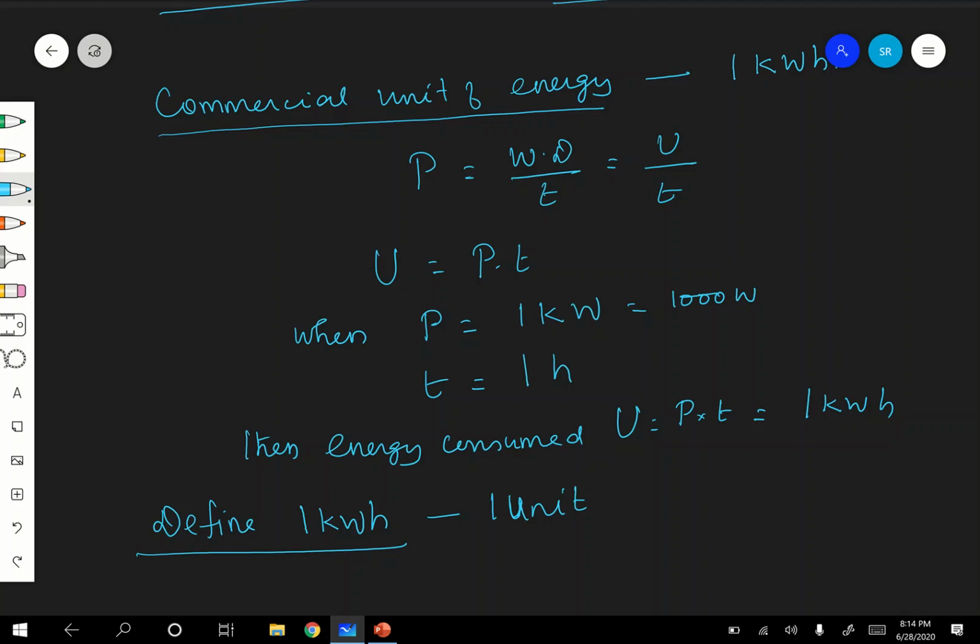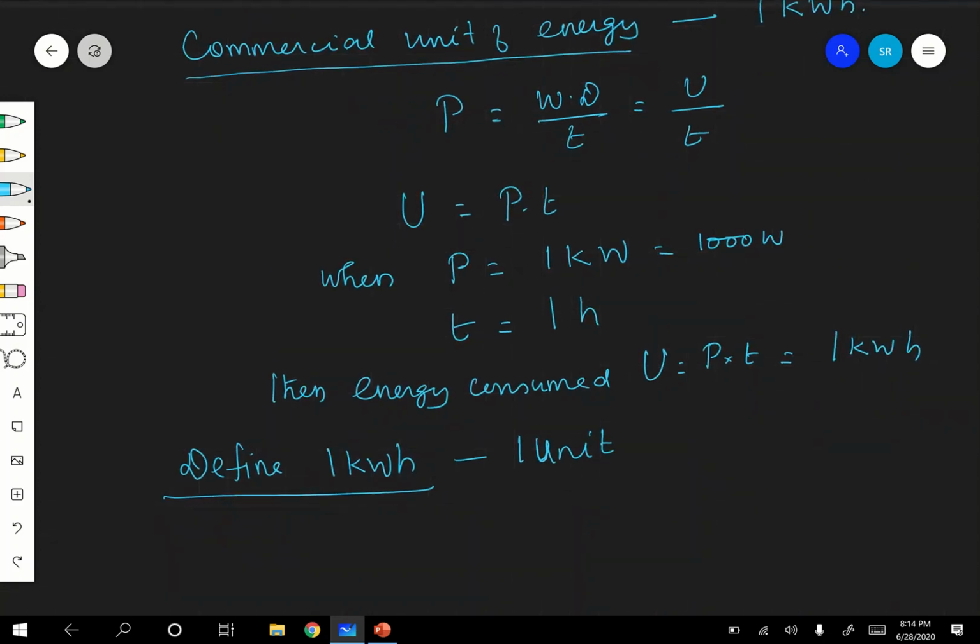Okay, therefore, how to define 1 kilowatt hour? See, if an electric device of 1 kilowatt of power is used for 1 hour, then the energy consumed by the appliance is 1 kilowatt hour.